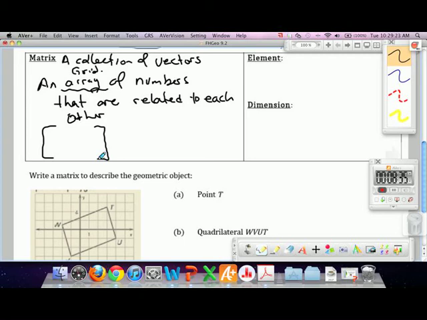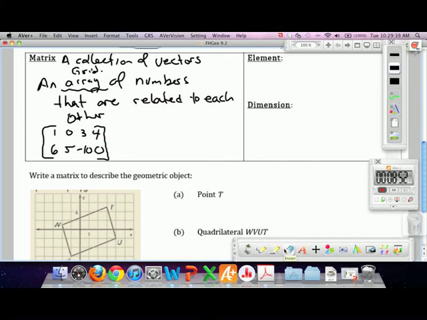How about 1, 0, 3, 4, 6, 5, negative 10, 0. This would in this case be one example of a matrix.